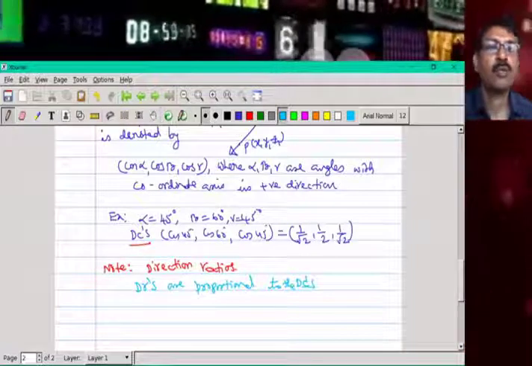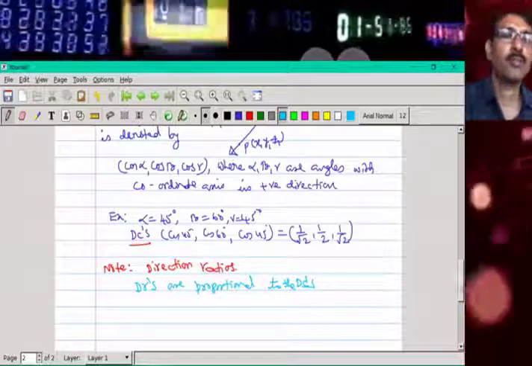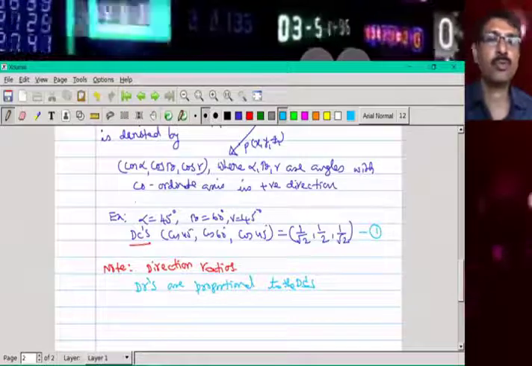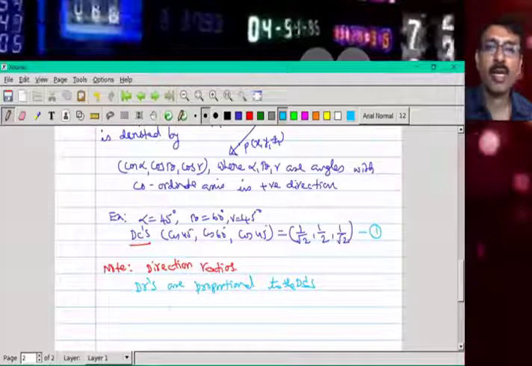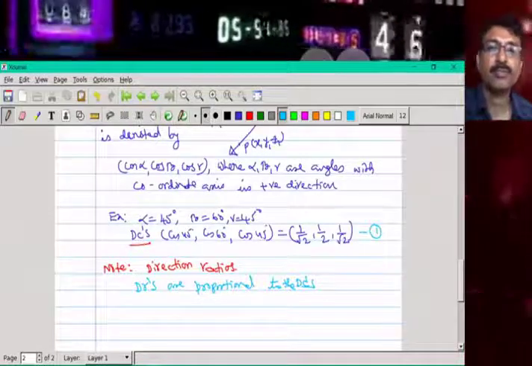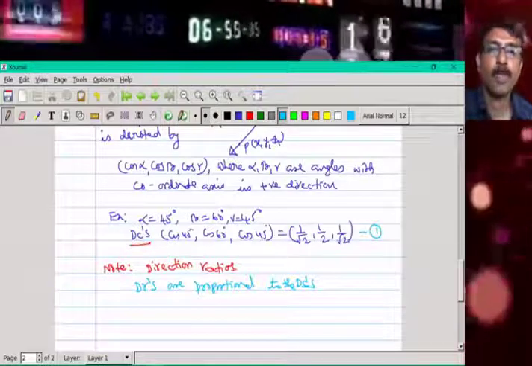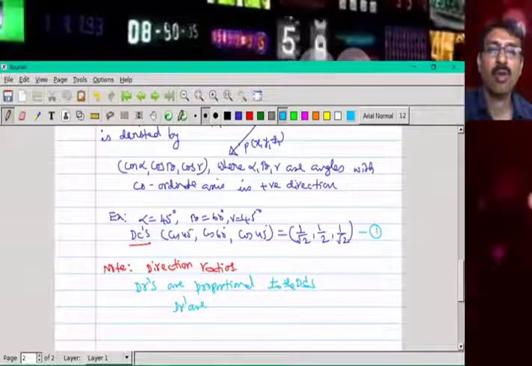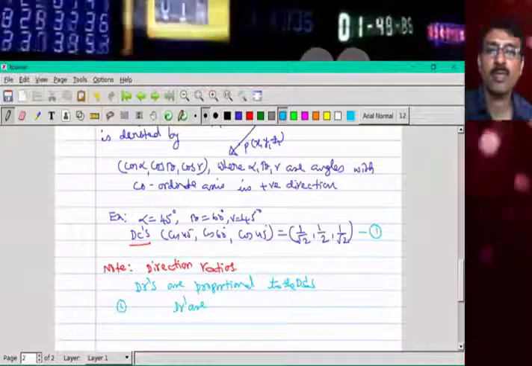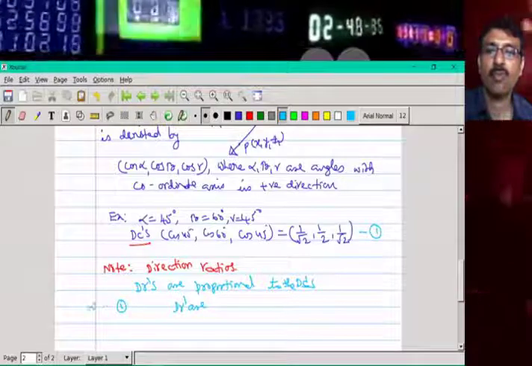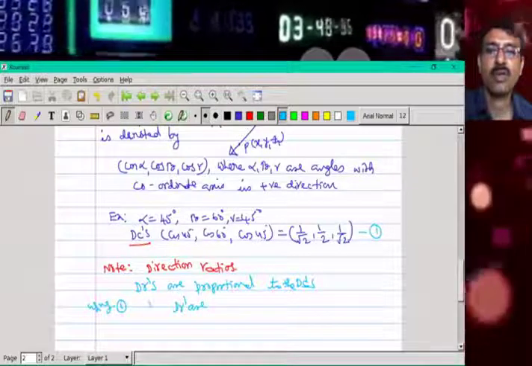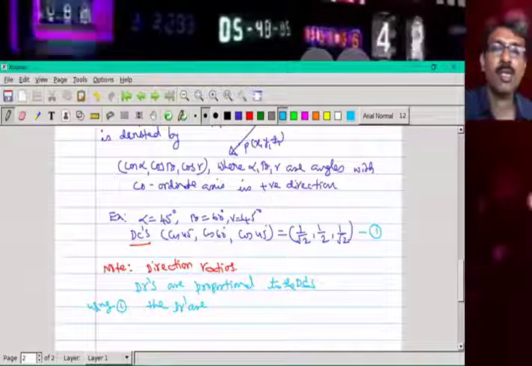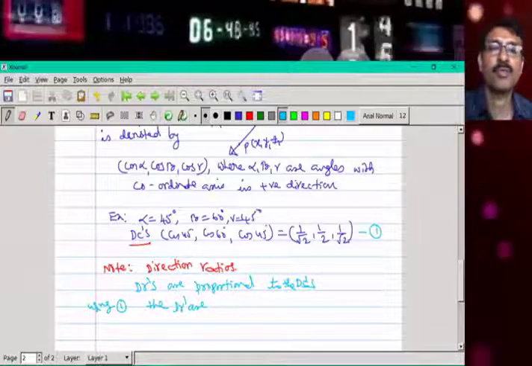For example, in the above problem, DCs of the line are 1 by root 2, 1 by 2, 1 by root 2. We can write DRs. DRs are nothing but the proportionals of DCs.